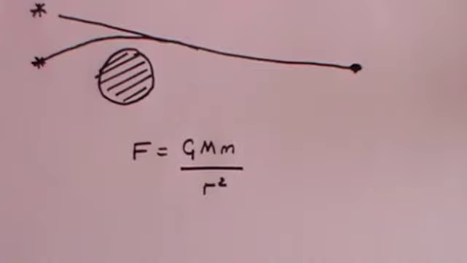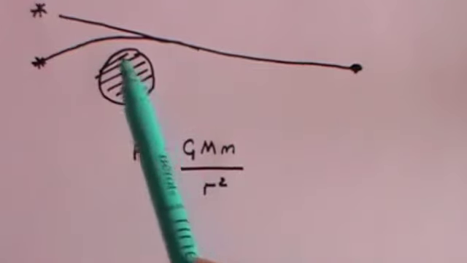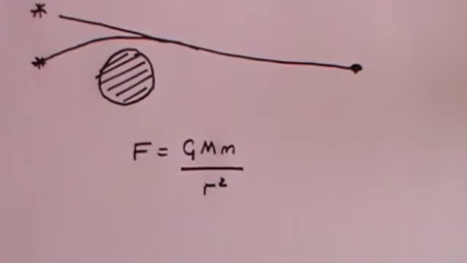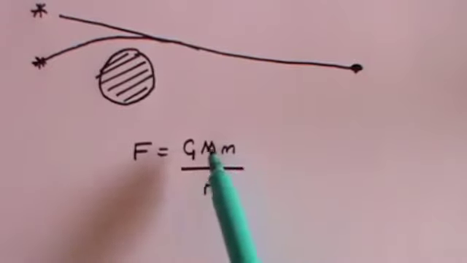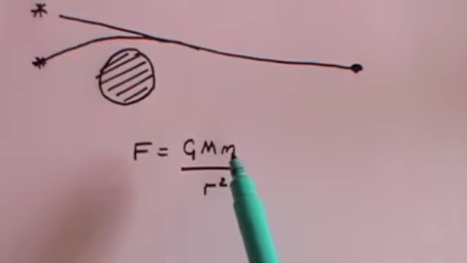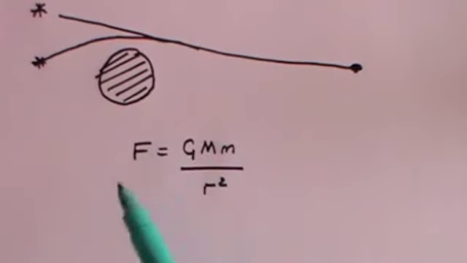And that's fine, except that in this situation here, light is bending in a gravitational field, but photons of light have no mass. So these two mass terms, well, at least the sun has mass, but the photon doesn't. So this form of Newton's law doesn't work if it is going to apply to light. Photons have no mass.